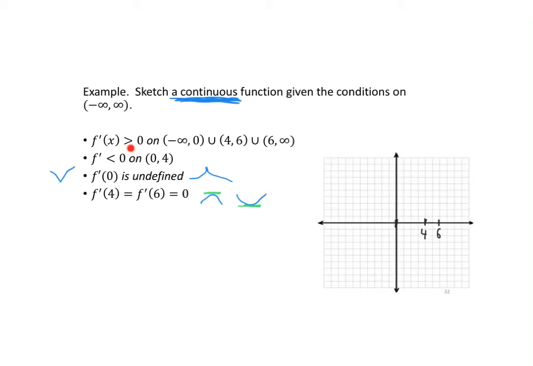Back to the first condition, we know that f prime of x has to be greater than 0 from negative infinity to 0. That means the function is doing something like this. It's always increasing. We're always having positive slope tangent lines in this whole region from negative infinity to 0.